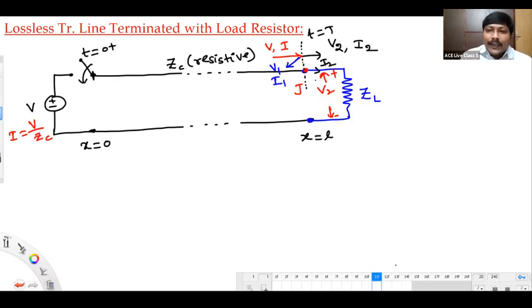So I can say V2, I2 will be exactly equal to V comma I. Is it required to add any numbers mathematically? No. So there is no existence of V1 comma I1 values in that situation. People will say no reflection. The wave will not experience any reflection if load impedance and surge impedance are exactly equal.